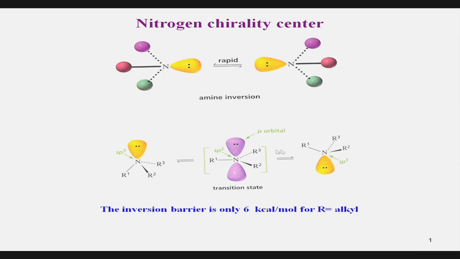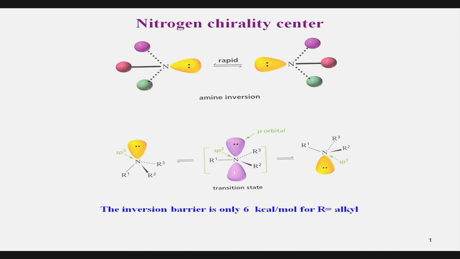The most important point is that this inversion process involves an intermediate where the nitrogen is sp2 hybridized and has lost the chirality. So, you will know later on that to go from one enantiomer to another enantiomer, which is called inversion, you need to go through a planar molecule and then go to the non-planar molecule to bring back the chirality.